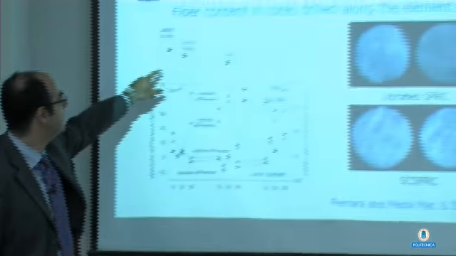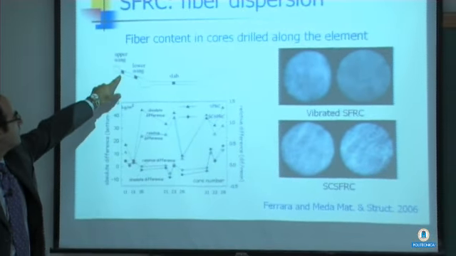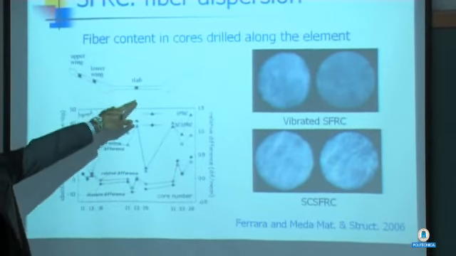And actually, we checked this issue with reference to continuous production. There were about 40 of those elements, and they were manufactured all along about 2 months of continuous production in a factory. And this was the transverse section of the elements. We picked up some cores in these 3 positions.